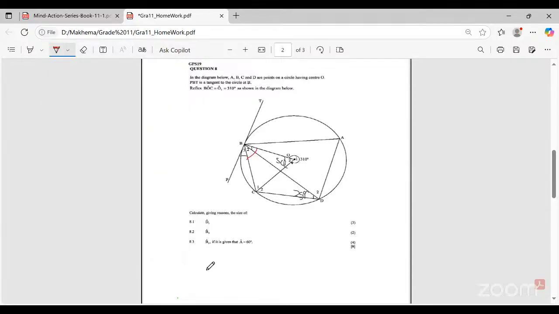Okay, how are we going to find that? Using the interior angles of a triangle, because B1 plus 2 is equal to C1. Oh yes, I agree that this angle is equal to this angle. Then you need to put some reason behind that statement. So your reason is OC is equal to OB. It's a radius.